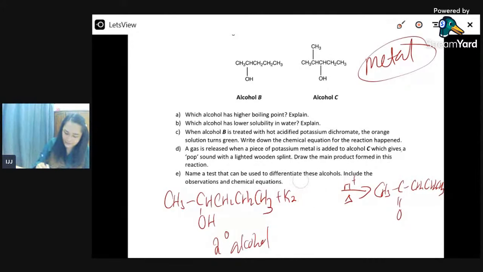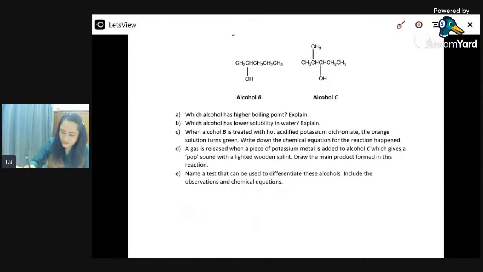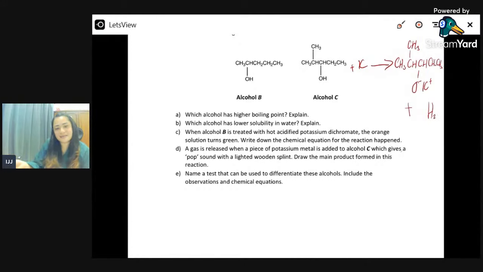Okay, so this is alcohol C. So alcohol C reacts with what? It reacts with potassium. So you get CH3, CH, CH2, CH3 with O minus K plus, and also don't forget the hydrogen gas.